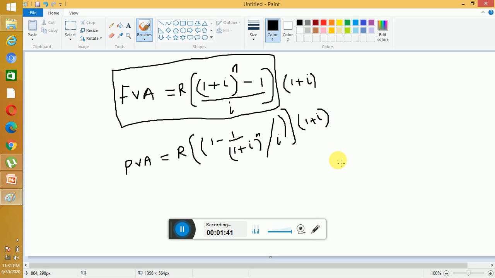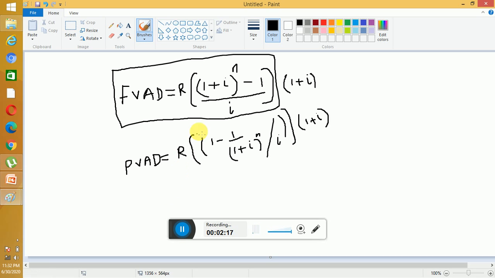We will just add these two factors, so it will become the future value of annuity due and the present value of annuity due. So this will be the formula for calculating them.